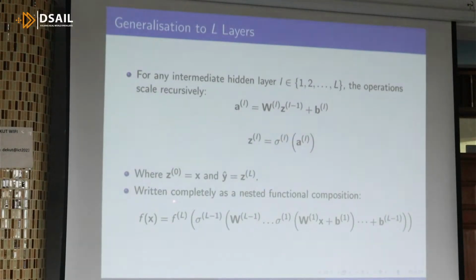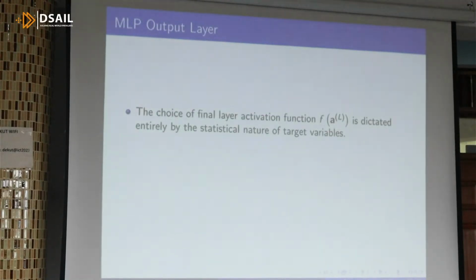We are representing this as F because in the final layer, you use some different activation function depending on what your task is. So the choice of the final layer activation function F, which is operating on the pre-activation value of the last layer, AL, is dictated entirely by the statistical nature of the target variables.